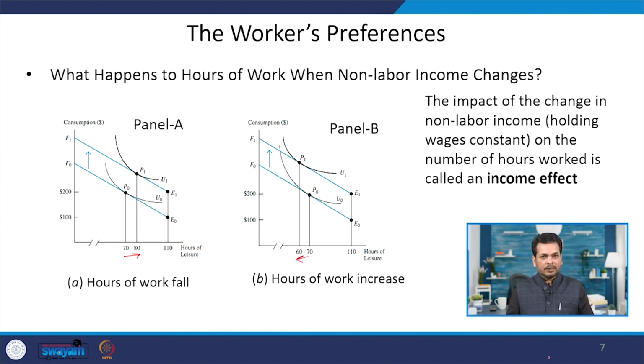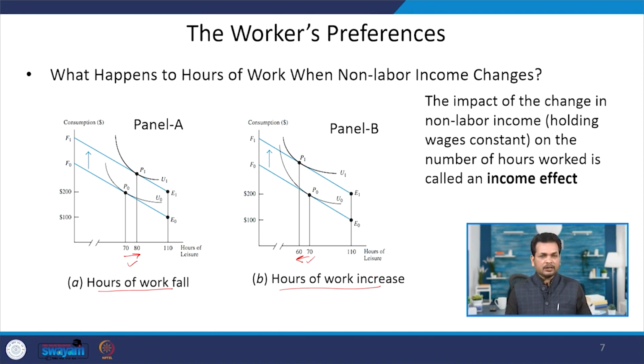On the contrary, the work hours have decreased in panel A, and the work hours have increased in panel B. Now we have a set of contradictory results when there is an increase in the non-labor income. The impact of changes in the non-labor income, holding the wage constant, on the number of hours worked is called the income effect.